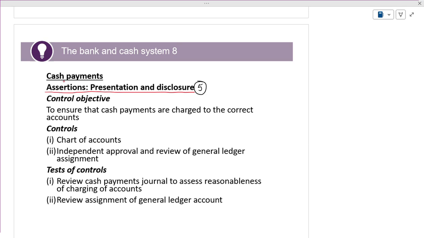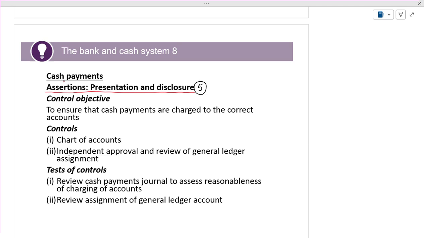Occurrence, completeness, accuracy, cutoff, and presentation. And we have to remember the control objective. Automatically it will come. We cannot say that automatically the practice will come. That is situational.